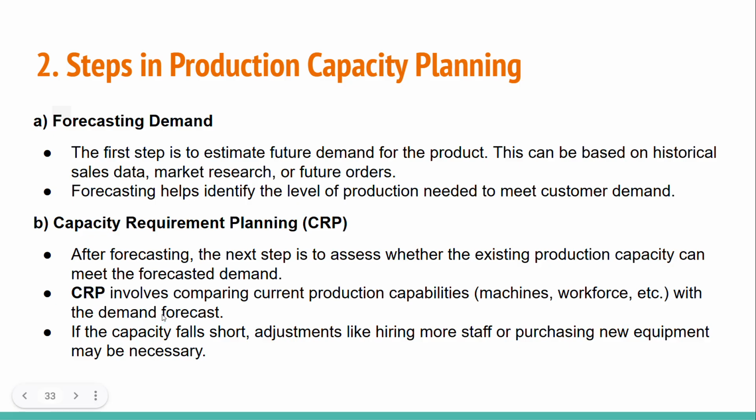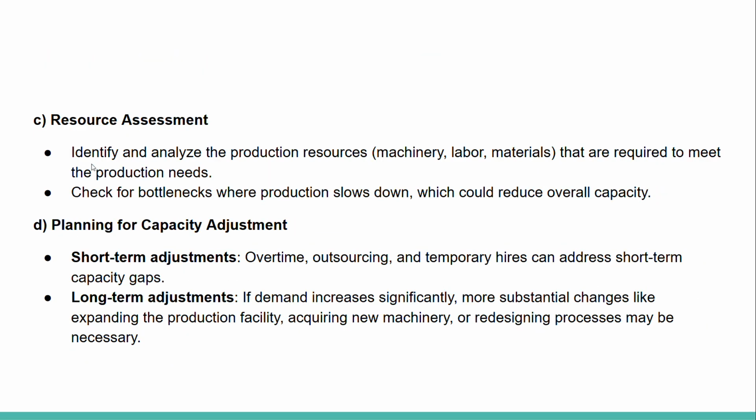It involves comparing current production capacity with the demand forecast. If the capacity falls short, adjustments like hiring more staff or purchasing new components may be necessary. Then resources assessment and planning for capacity adjustment.